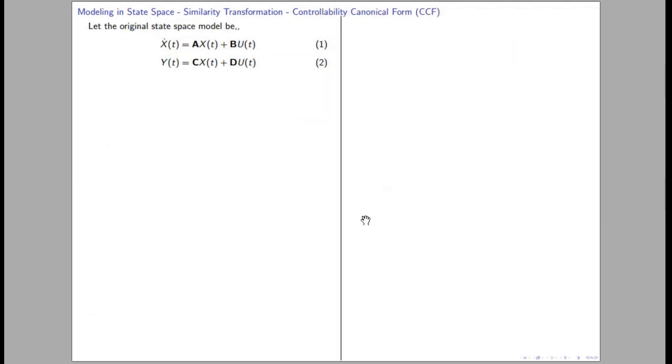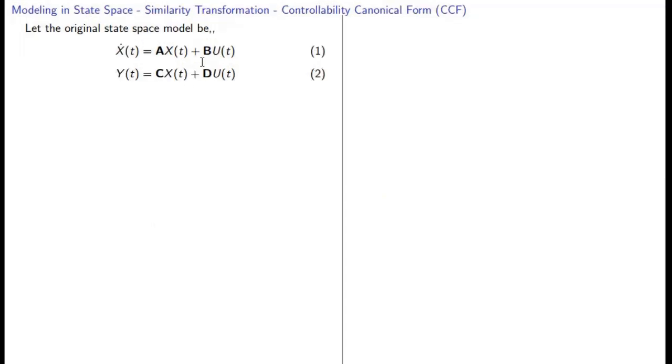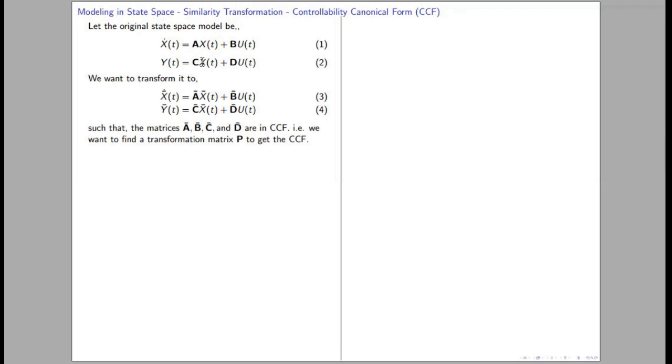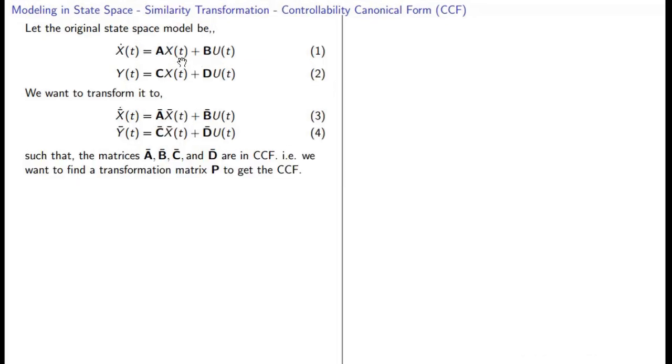This is the original system, and we want to transform it to this transformed system, such that the matrices A bar, B bar, C bar, and D bar are in CCF, the controllability canonical form. First, we are going to take the CCF.